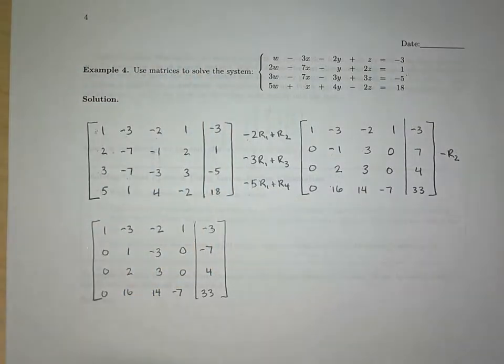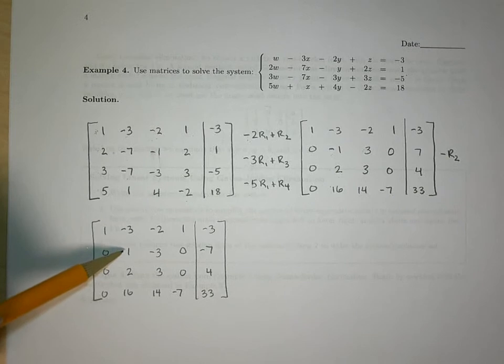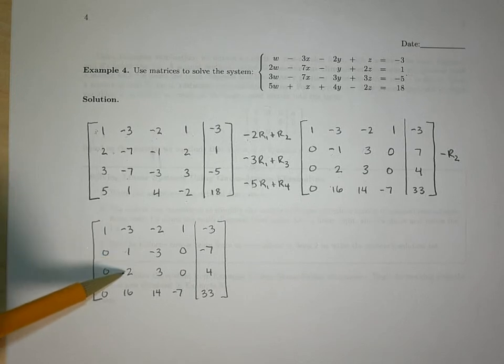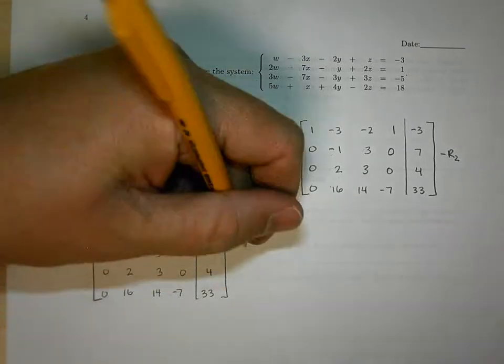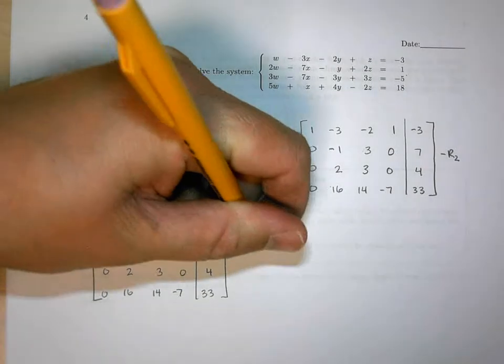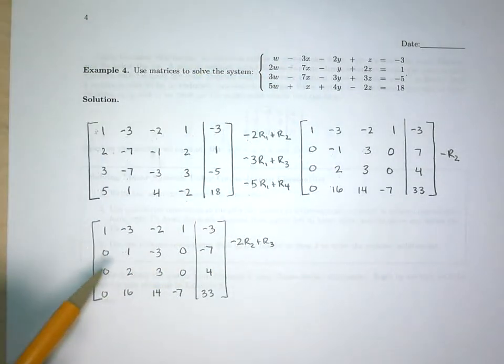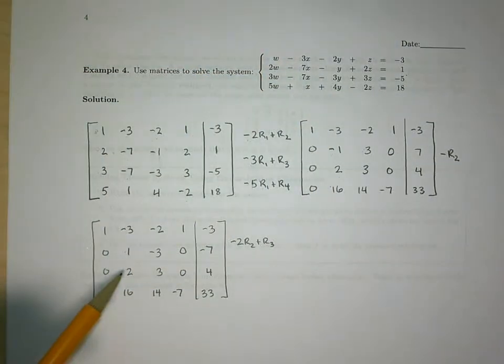The idea now is that I'm going to use this 1x to eliminate the x's below it. So if I have a 1x and a 2x, well, I could multiply this 1 by negative 2 and add it to the equation below it. That would give me negative 2x and 2x, which would eliminate the x's. In a similar way, if I look at equations 2 and 4, I have a 1x and a 16x.